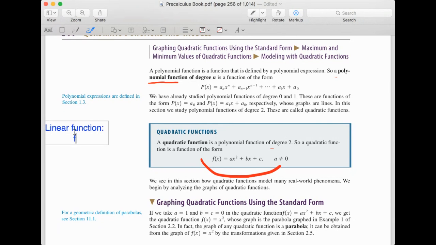A linear function we can write as f of x equals bx plus c. Right? You see the quadratic function, if x squared is not there, that will be a linear function. So bx plus c will be a linear function, and it's a polynomial function. Why? Because it's degree 1. So it's also a degree 1 polynomial function.